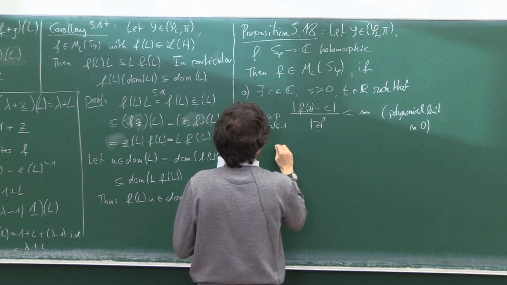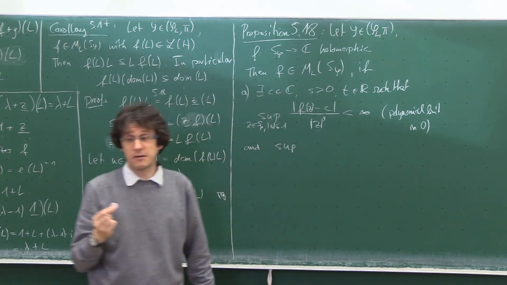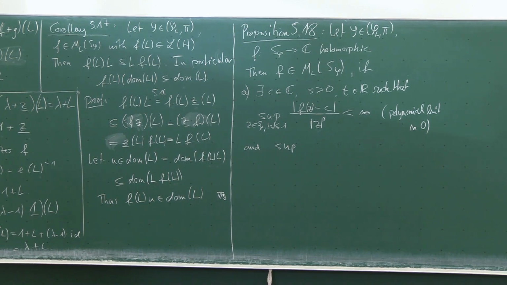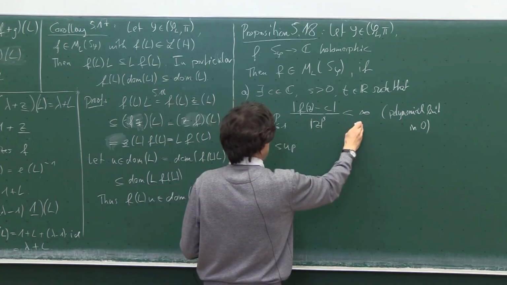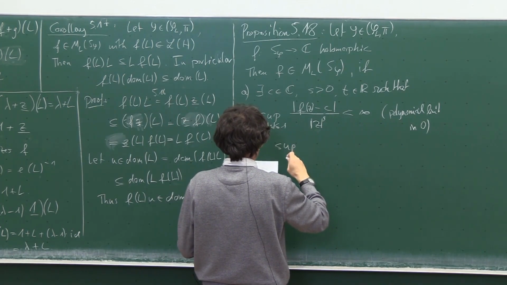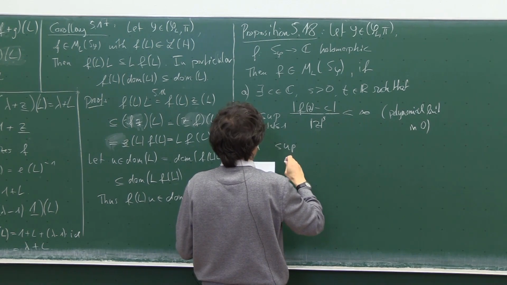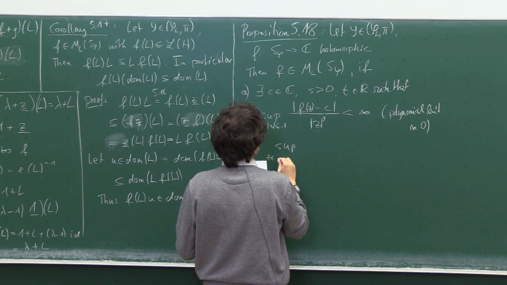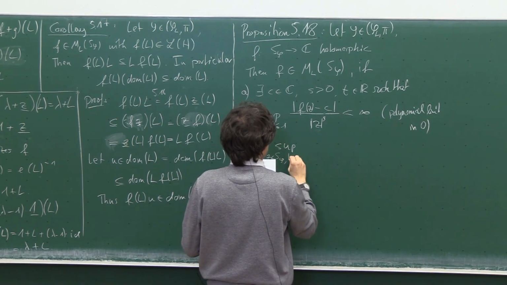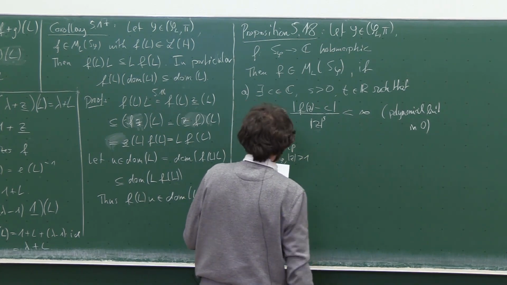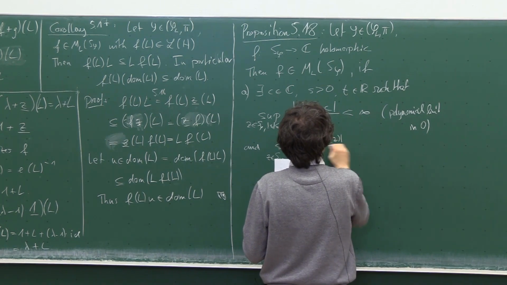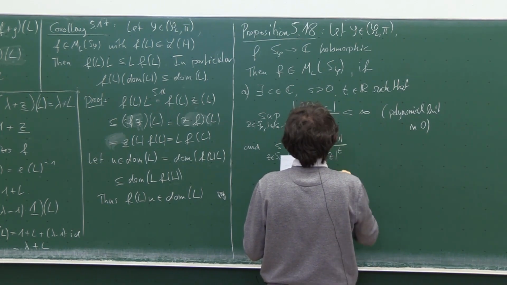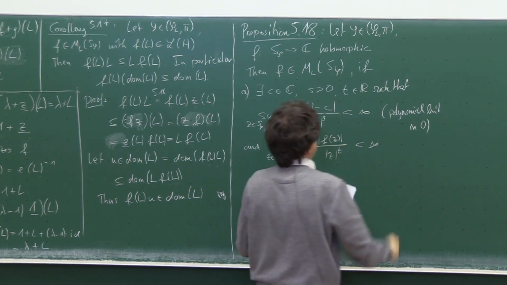So this is the general gist. You have to know what the function does in 0, and you have to know what the function does at infinity. At 0 it must have a polynomial limit, and at infinity there must be polynomial decay. So the supremum over all z in your sector that are greater than 1 of the modulus of f of z divided by z to the t must be finite.